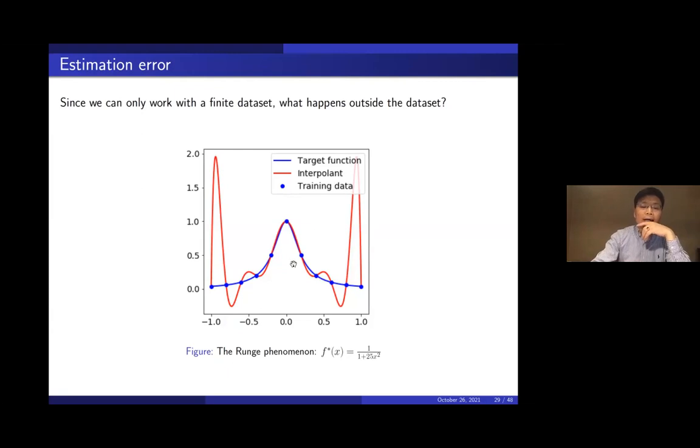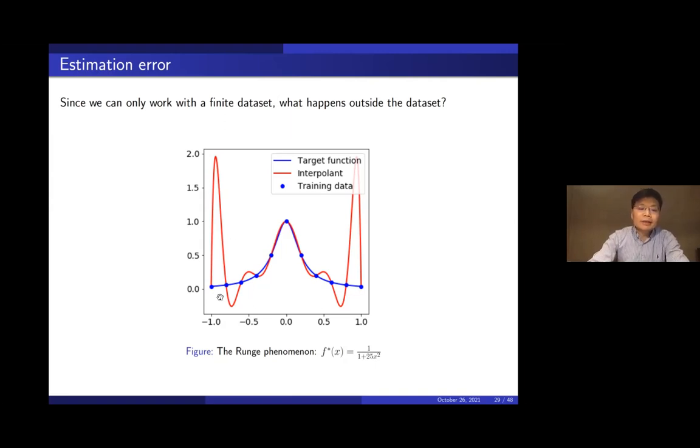So can it happen that our neural network model fits the data on the training set very, very well, but does a poor job outside the data set? Well, that was the question that Professor Jeffrey asked in the beginning. That's a classical example.